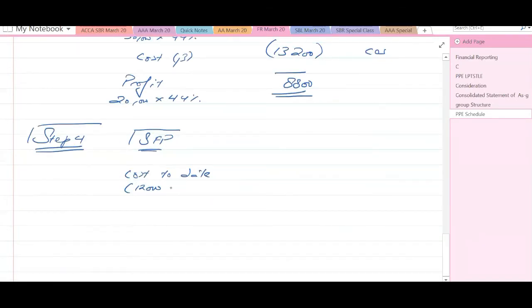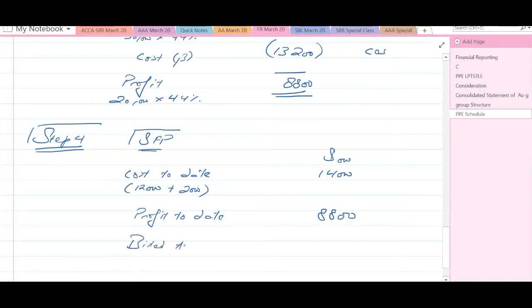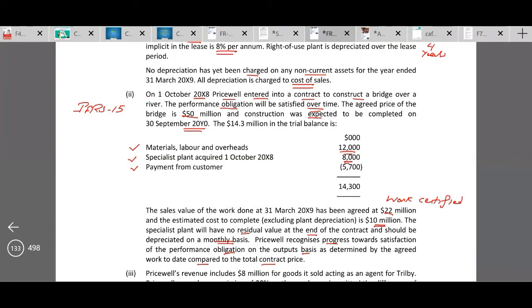So 12,000 is the cost to date plus 2,000 depreciation. So the total cost related to the project becomes 14,000. Profit to date we have calculated is 8,800. Billed amount was given in the question, 5,700.